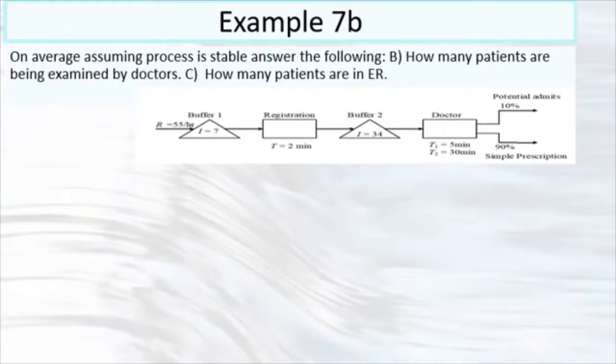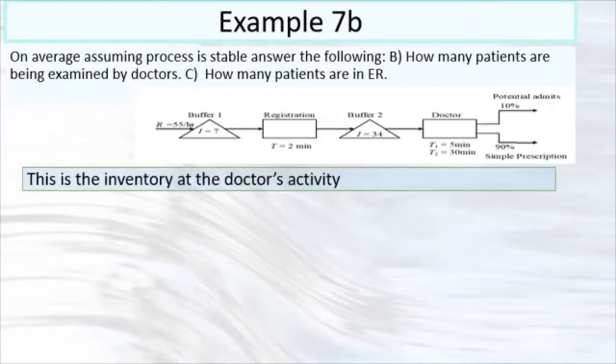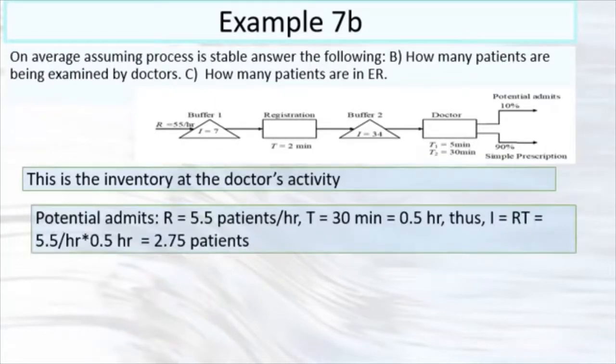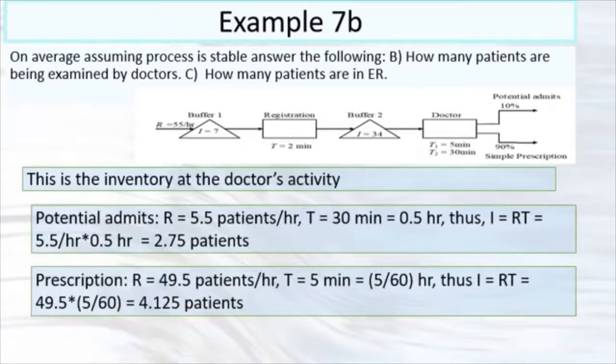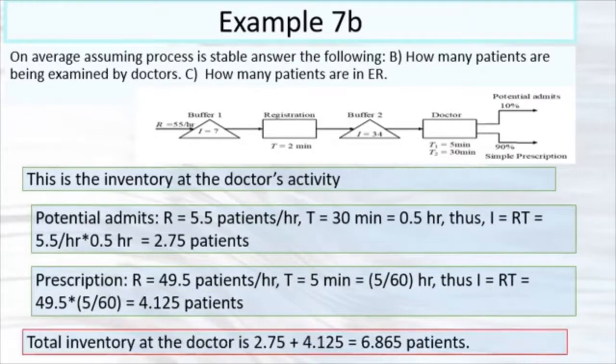Now we're in part B, which asks how many patients are being examined by the doctors. At the doctor activity, we have to take into consideration that we have two different flow units, one which is potential admits, and also the simple prescription patients.